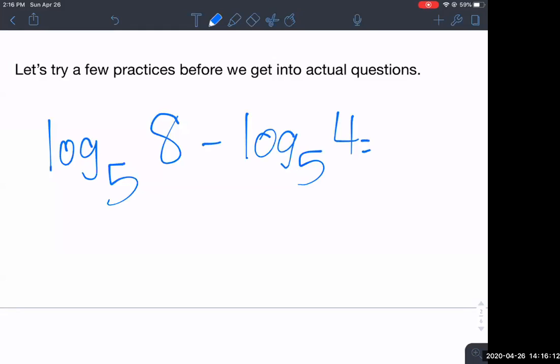So that would be log base 5 of 8 over 4, which would just be log base 5 of 2.